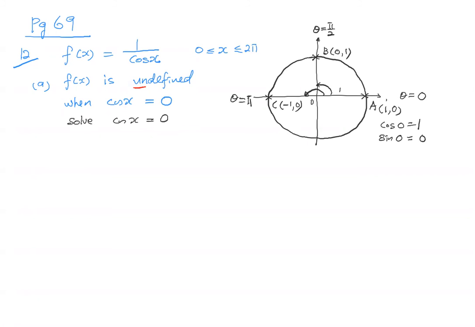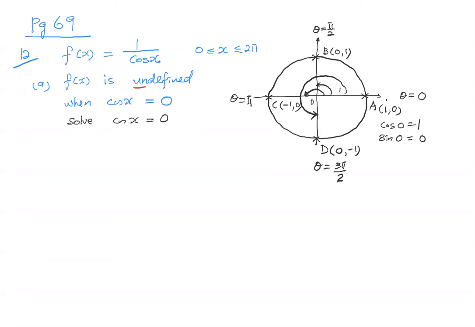And the point D is 0, -1. The angle when it turns from here to here is 3 pi by 2. 1/4 is pi by 2, so 3/4 is 3 pi by 2.